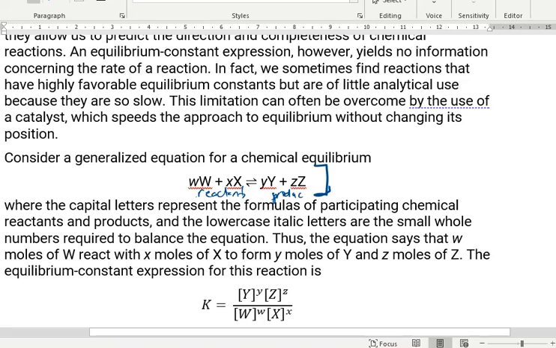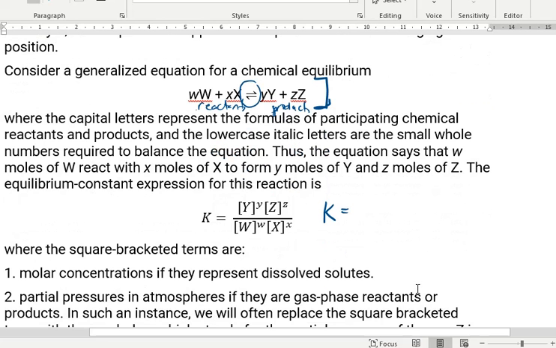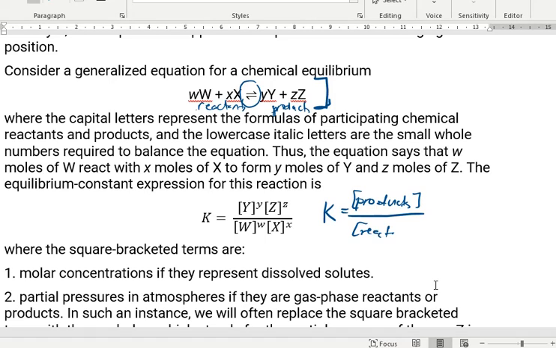And this double-headed arrow tells us that this reaction is reversible. Now, the K expression, the equilibrium constant expression of this one, is the concentration of products over the concentration of the reactants.